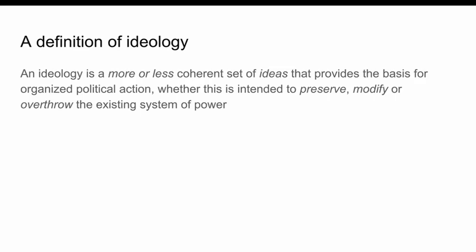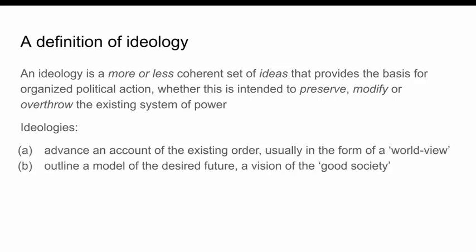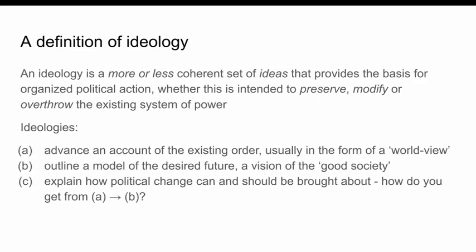And last week, Dr. Van Leer had defined what politics means: who gets what and when and how and where, etc. And so these are systems of ideas that are meant to maintain, change, or completely overhaul an existing system of power. And so these are the characteristics of ideologies, which I will get into with more examples in the upcoming slides.